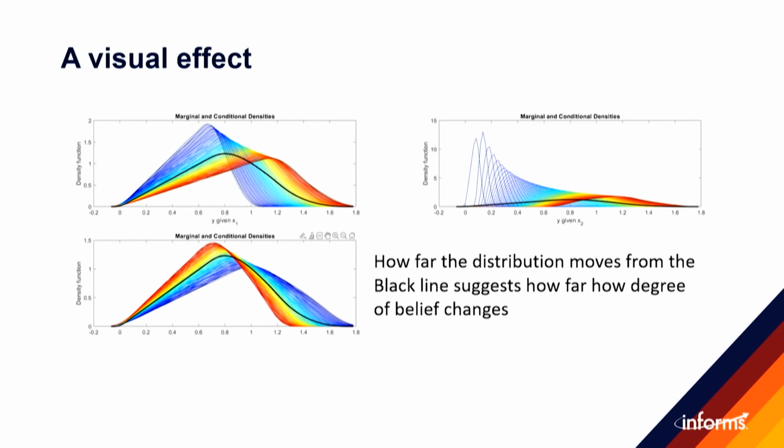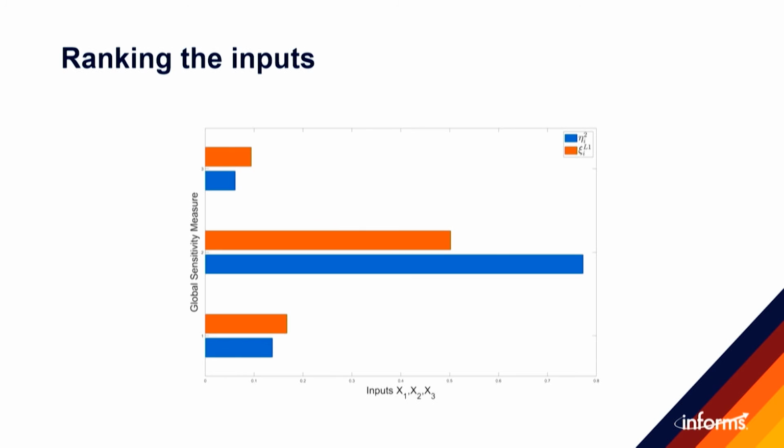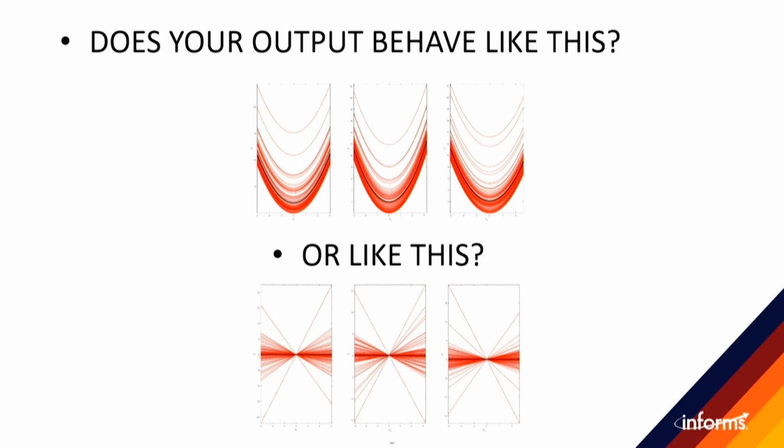I don't know if I reported the values. So x2 is the one that, in fact, if you report the values of the importance measures, they confirm it. The delta importance measure and the Pearson correlation ratio, both of them would tell you that x2 is the most important variable, followed by x1, and x3 is the least important.